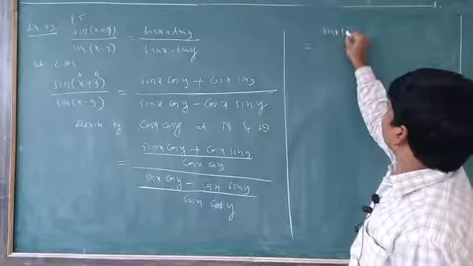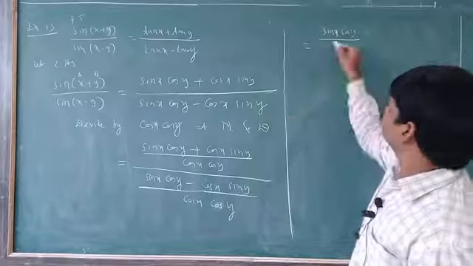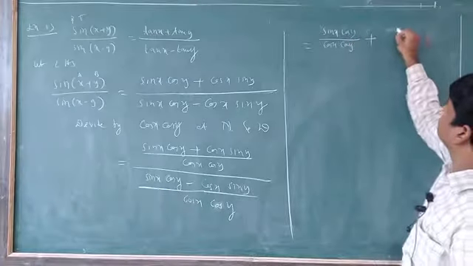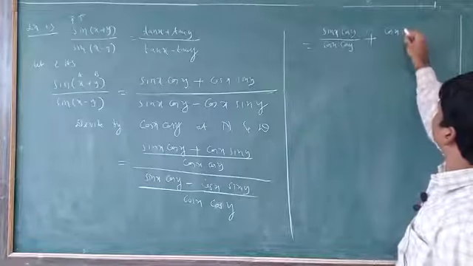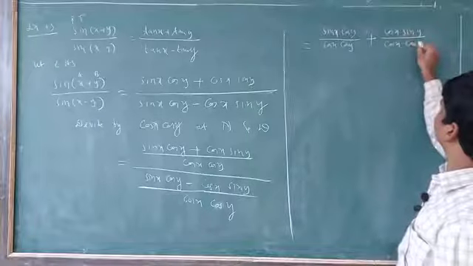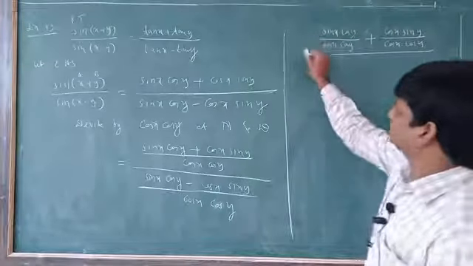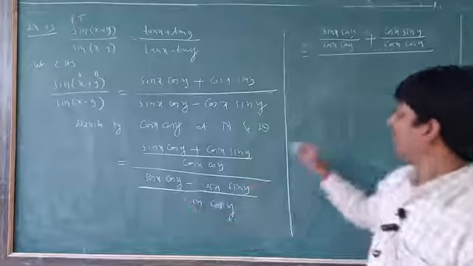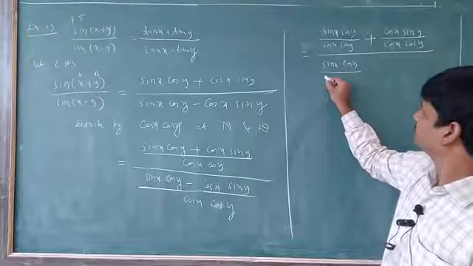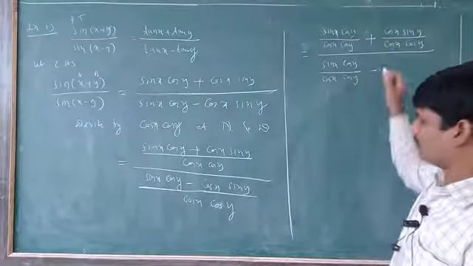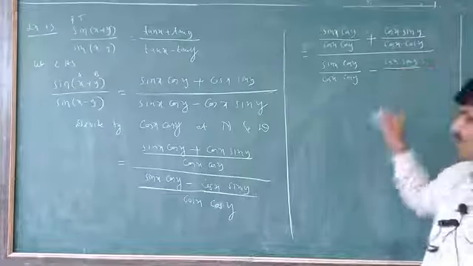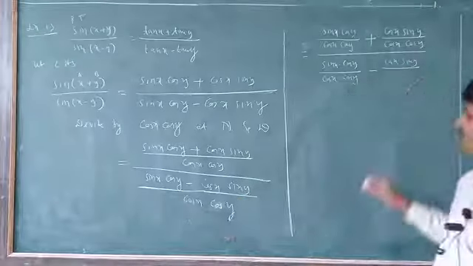Sin x cos y by cos x cos y plus cos x sin y by cos x cos y, by sin x cos y by cos x cos y minus cos x sin y by cos x cos y.